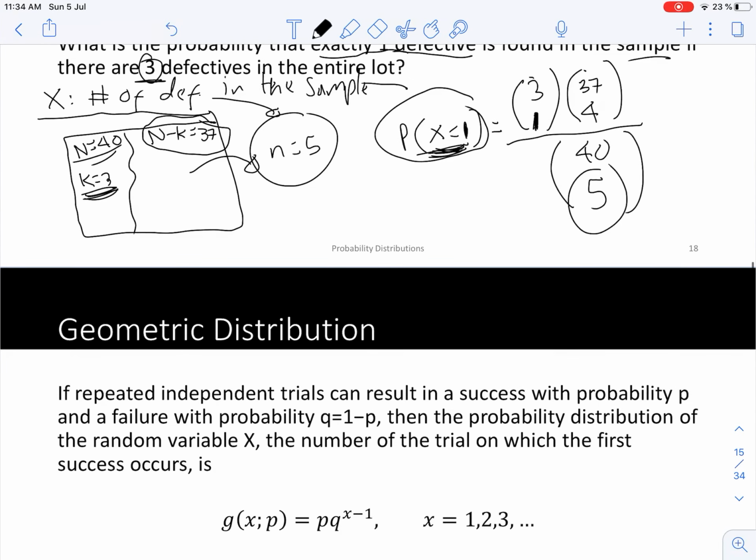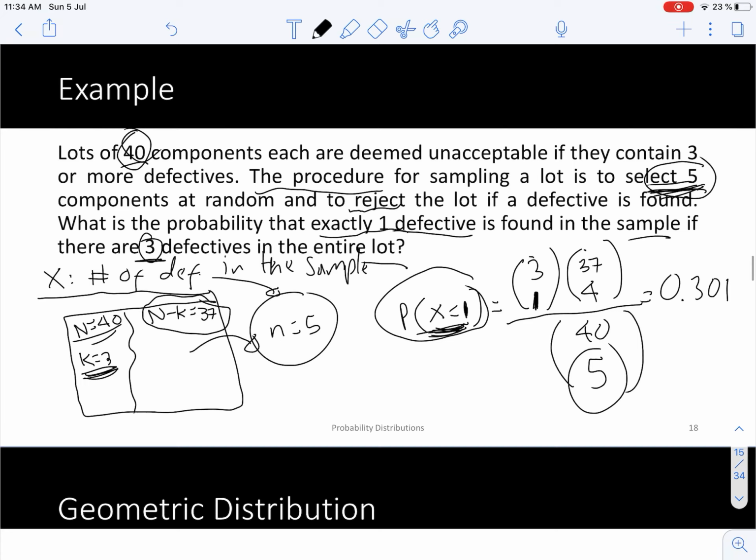And the probability, of course, we then compute it. The number I'm computing is 0.301. So that's the probability that we're looking for.